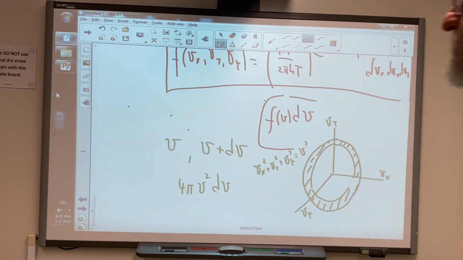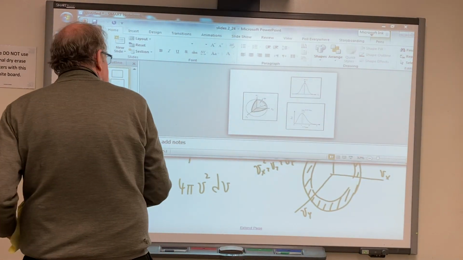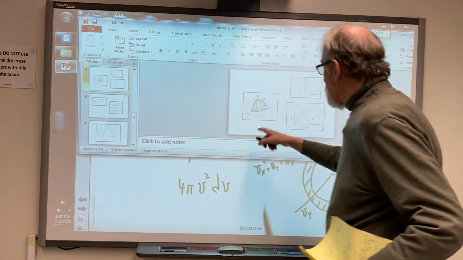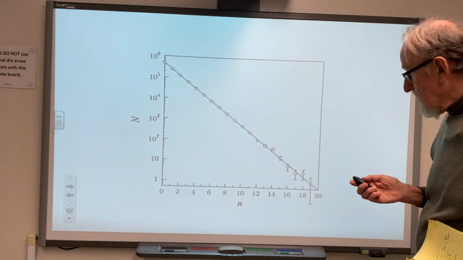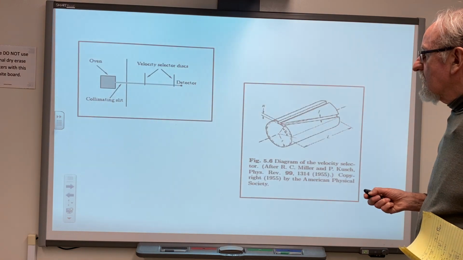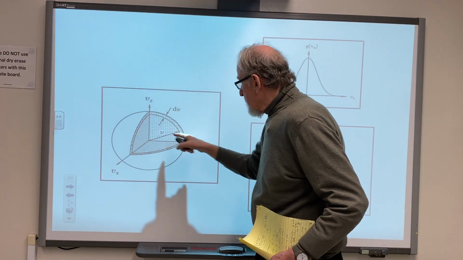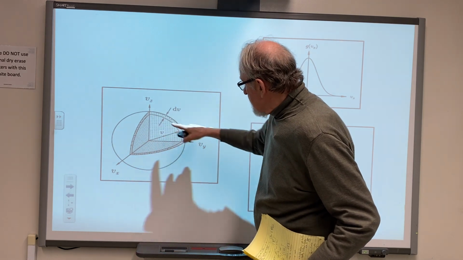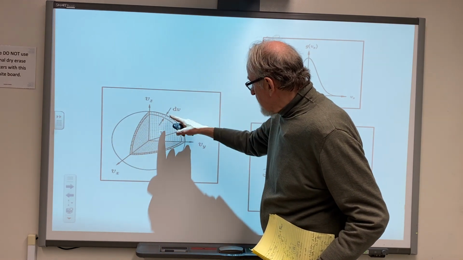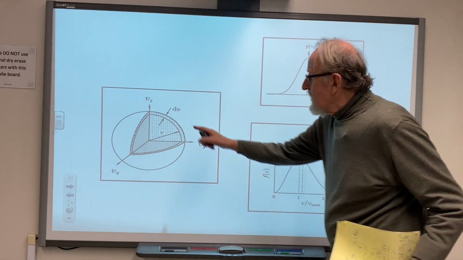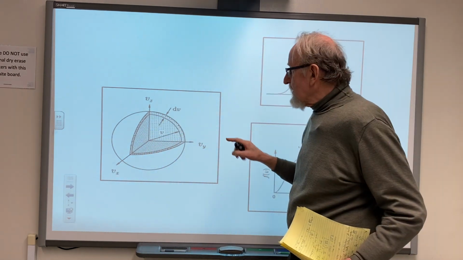So now let me show the picture again. The picture is a better illustration than what I said with words. Here, this is vx, vy, vz. This is the sphere of radius v. This is the thickness dv. These are all the states that I was calculating before.